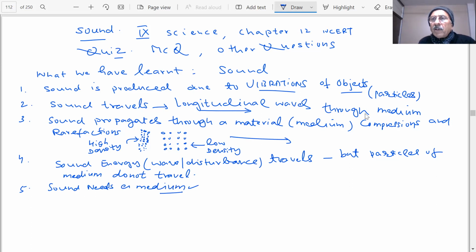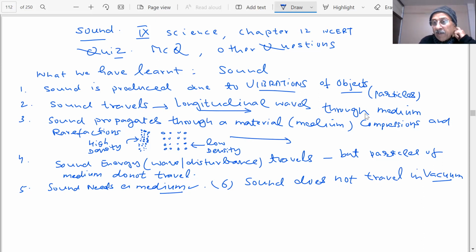Then you said sound needs a medium to travel. Light can travel in vacuum also, because light is an electromagnetic wave, which is of a different sort. But sound needs a medium to travel, and an experiment showed that sound does not travel in vacuum. Is it right? Yes, sir.